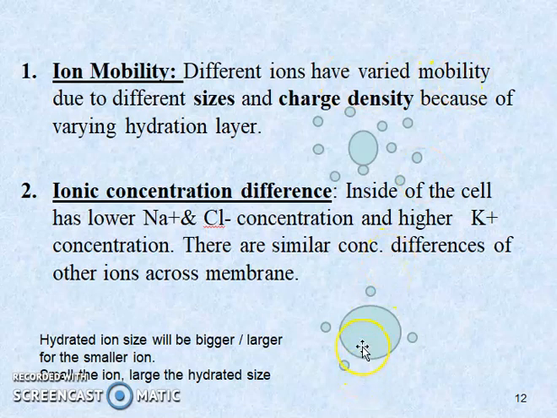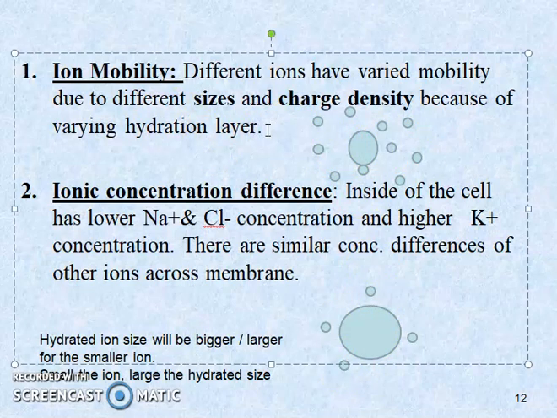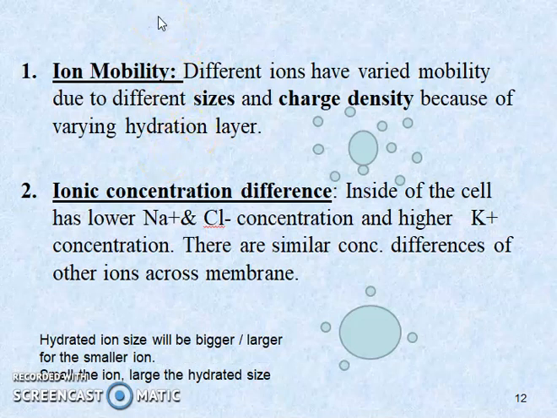Now this one inside the cell, despite its larger size, is more mobile, because it has a lesser hydration layer. Due to the hydration layer, its size is smaller now and its size is larger now. So this is how varying hydration layers are affecting the mobility of ions, and hence the potential difference that is generated.